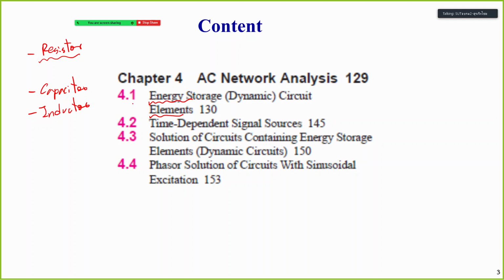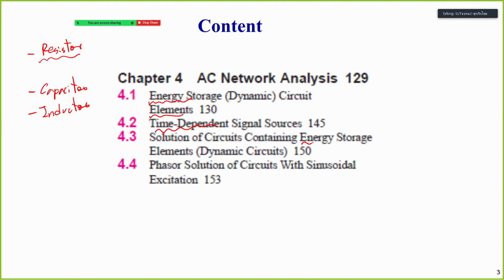We can compute this characteristic in time-dependent form, and it will act on a time-dependent signal source, right? And I will show you how to solve this kind of circuit.